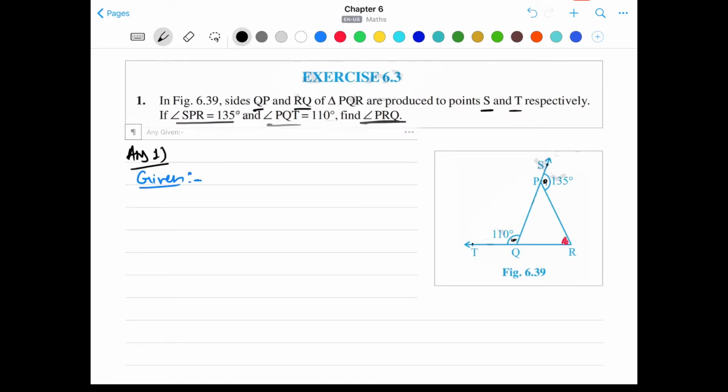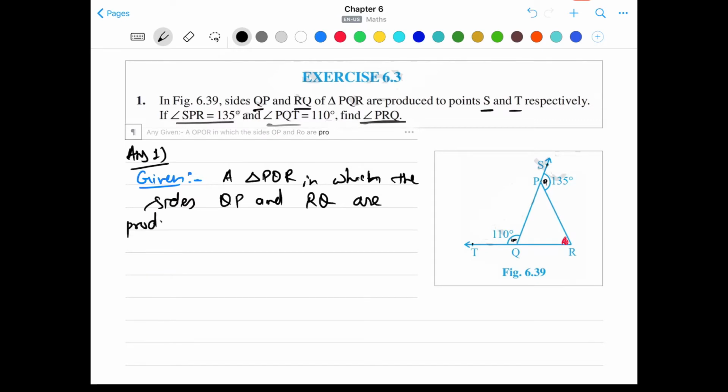Given here is a triangle PQR in which the sides QP and RQ are produced to points S and T respectively.